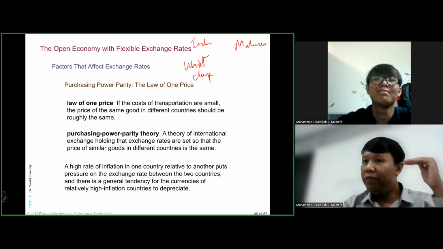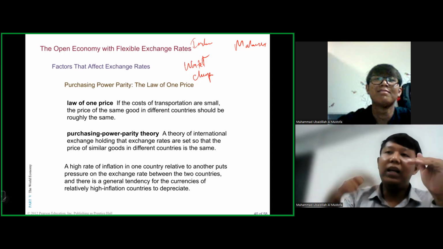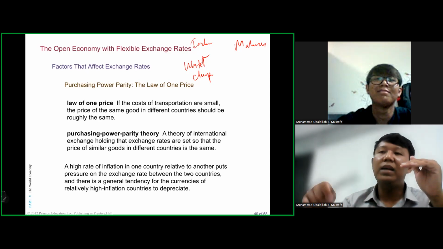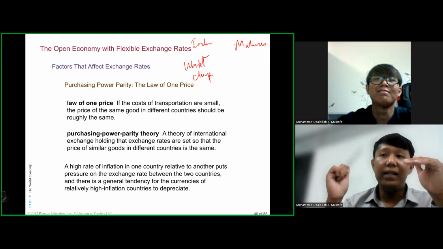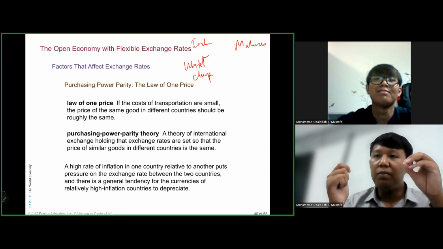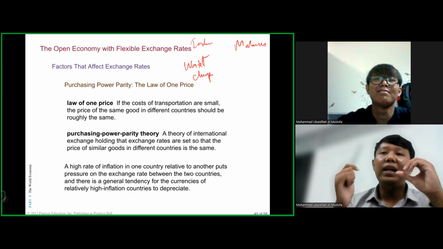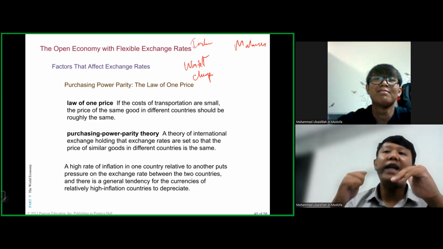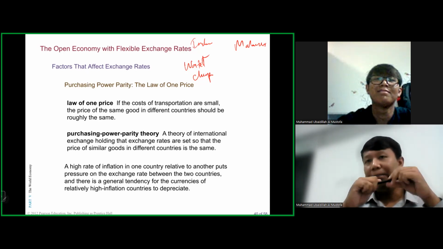So before, we have a cheaper product and the demand increases, and at the same time it increases the demand for our Indonesian rupiah currency. The increase in demand for the rupiah will make our currency appreciate. It will make our currency become more expensive, and this appreciation will offset the benefit of the cheap price for that product.